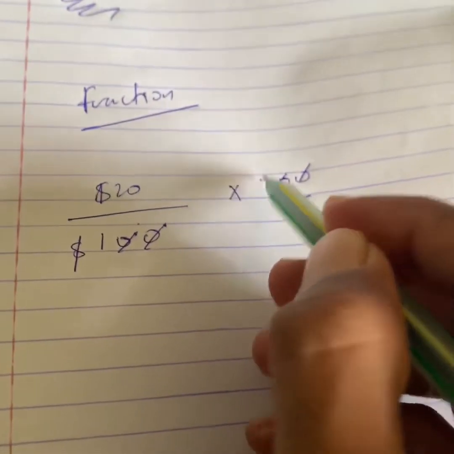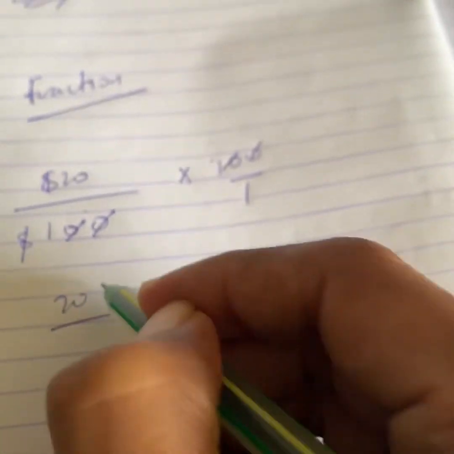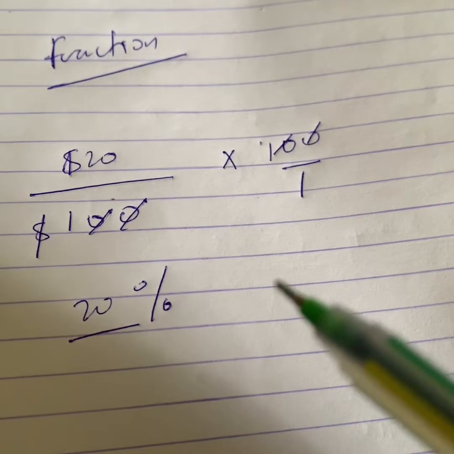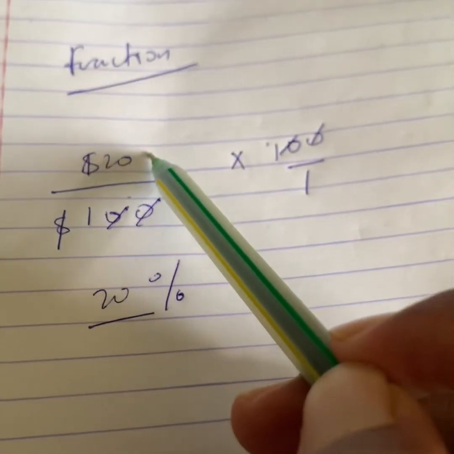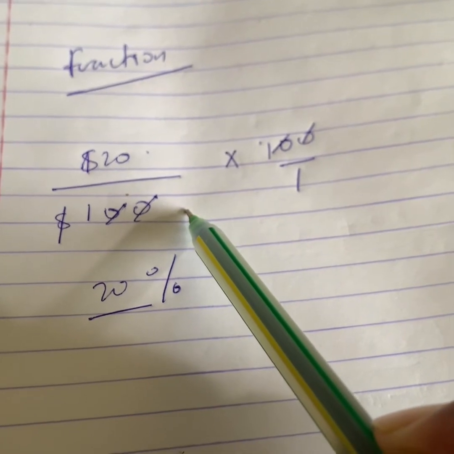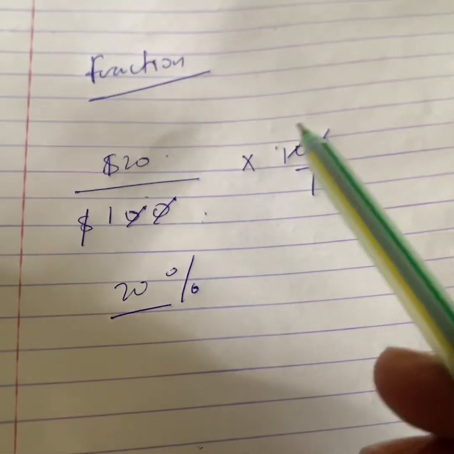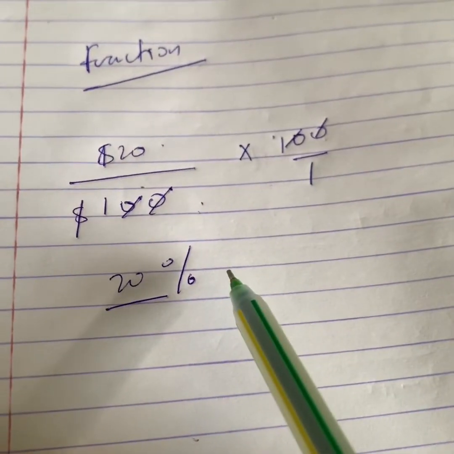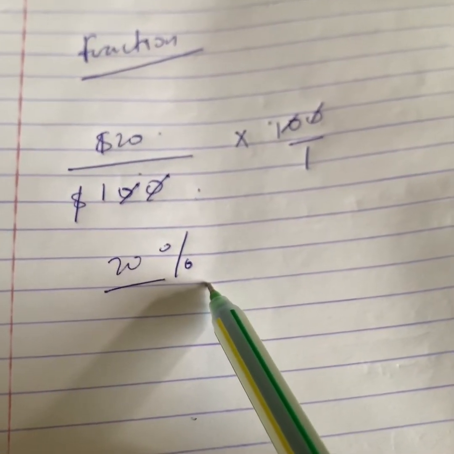So 20 times 1 is 20. So my percentage becomes 20%. That means I have $20 in my pocket out of $100 in my wallet, which is a fraction of the other. And the third step is to multiply it by 100 to get a percentage. So my answer becomes 20%.